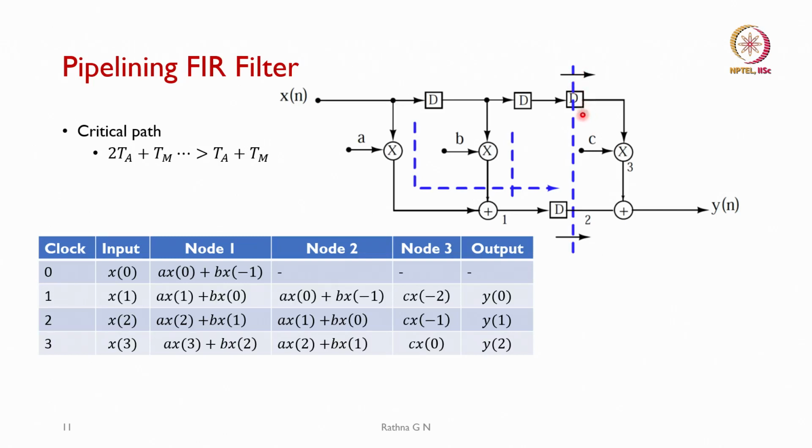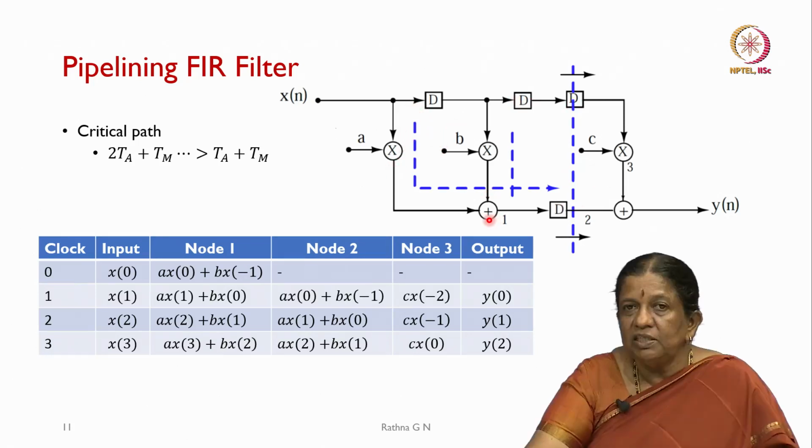Then I have to introduce 2 delays in the path, because I have cut 2 lines here. So, there will be addition of delays in this case. Now, you will be seeing the longest path in this case is going to be 1 multiplication and 1 addition. We will come back to define what my longest path is, okay.